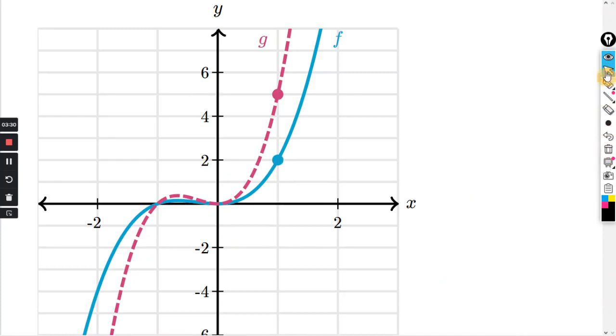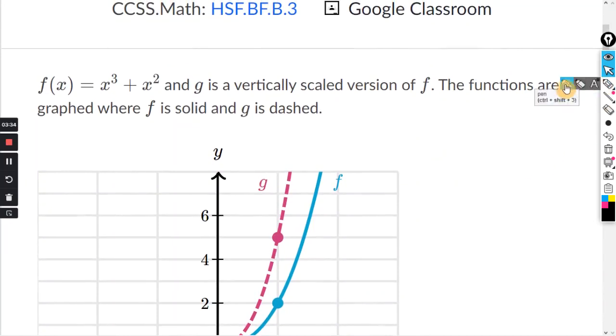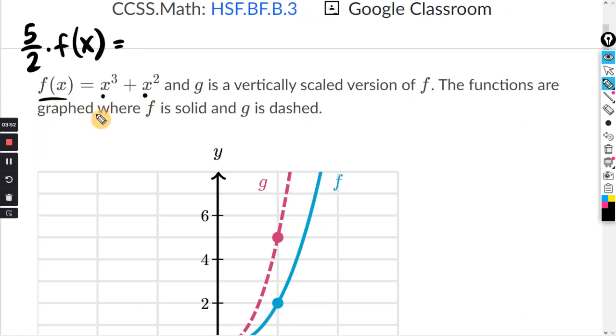So the whole function is multiplied by 5/2. If we pull up what they gave us right here, this is f of x. We're going to do 5/2 times f of x, and that 5/2 will get distributed to each term in the original function.